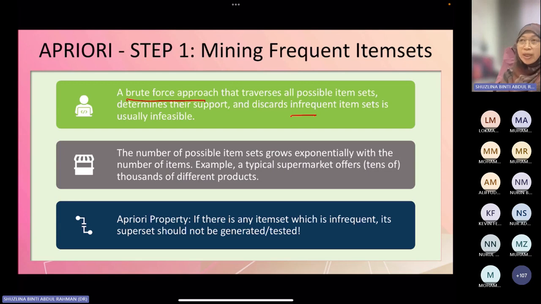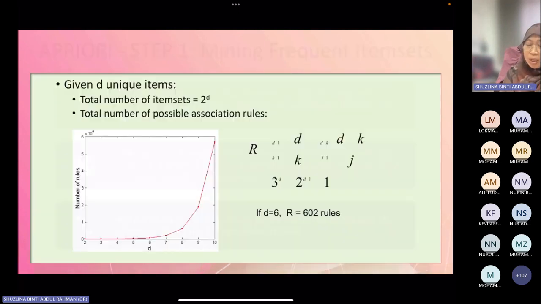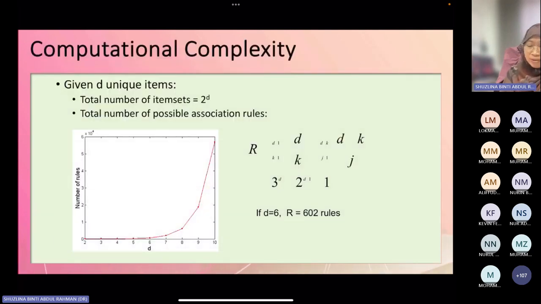So with that, we need to apply what we call the Apriori property, which I mentioned just now, where we will not generate the superset if any subset of it is infrequent. This graph shows the computational complexity of the candidate generation.